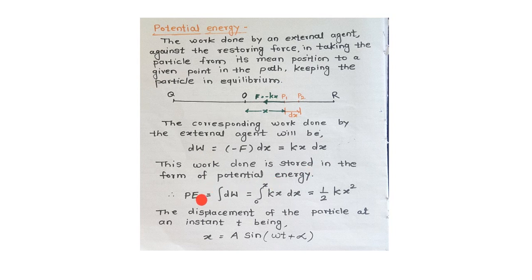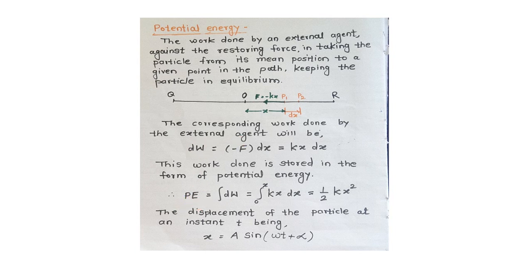The potential energy of the particle when its displacement from the mean position is x, can be found by integrating the above equation. So for this we have integrated this equation.